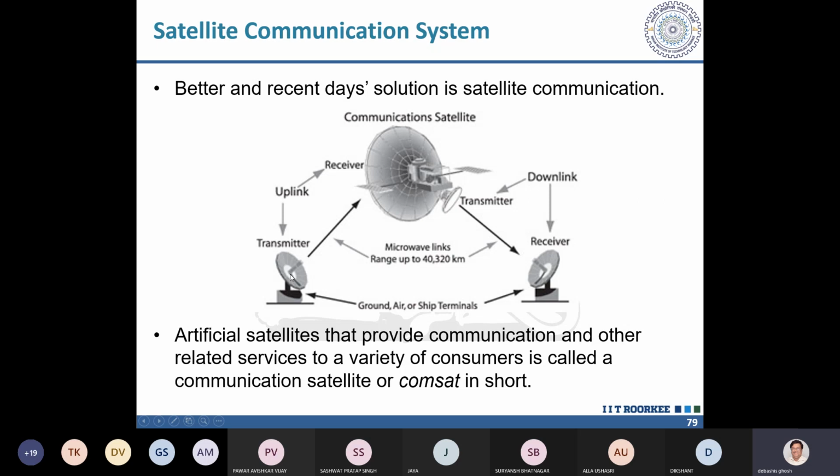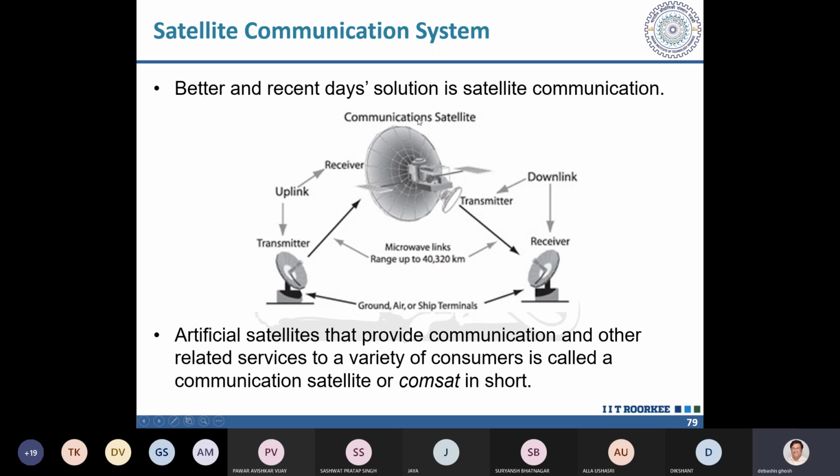I have a transmitter here which transmits a microwave frequency signal, very high frequency, which will penetrate the ionosphere and go to the satellite. The satellite then redirects it to the other part of the world. It has to be in the line of sight. If not, I have to relay it through multiple satellites.